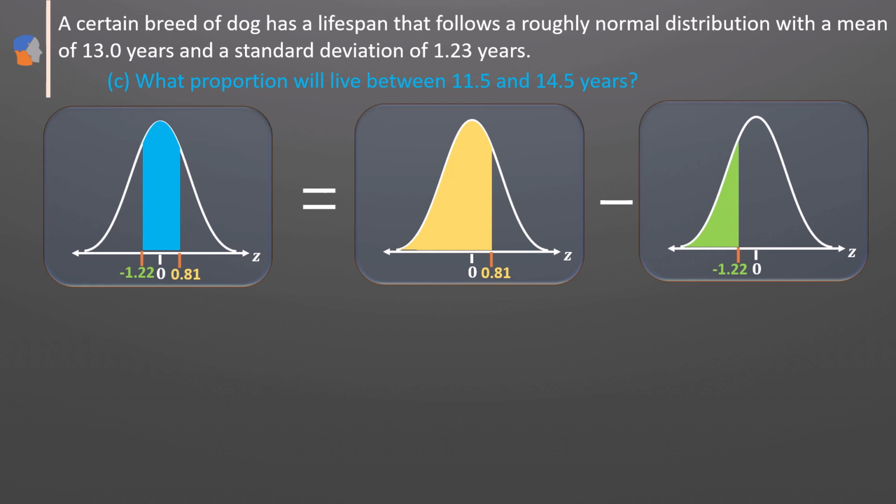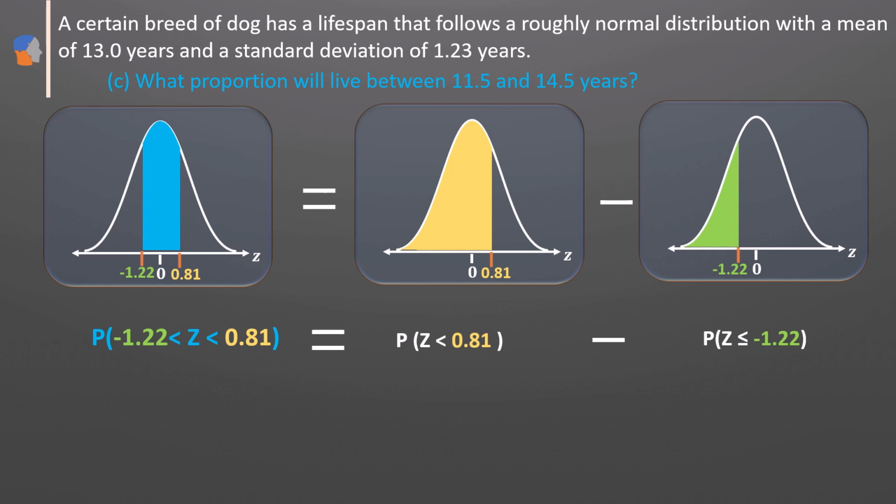Right. Then let me write this down in mathematical notation. So this is the between part. Then this equals the probability of z less than 0.81 minus the probability of z less than or equal to negative 1.22.